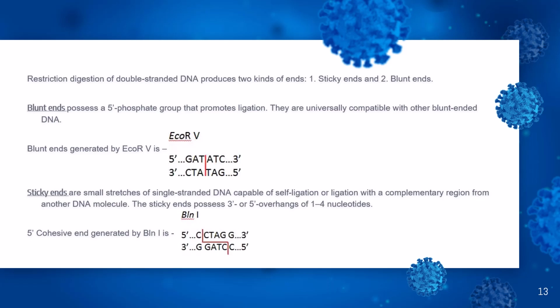Now coming to the sticky ends, they are small stretches of single-stranded DNA capable of self-ligation or ligation with a completely complementary region from another DNA molecule. The sticky ends possess 3' or 5' overhangs of 1 to 4 nucleotides. In the diagram of this enzyme we can see that.